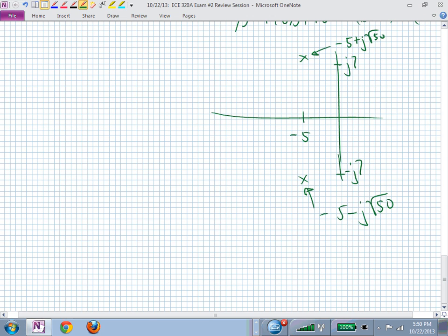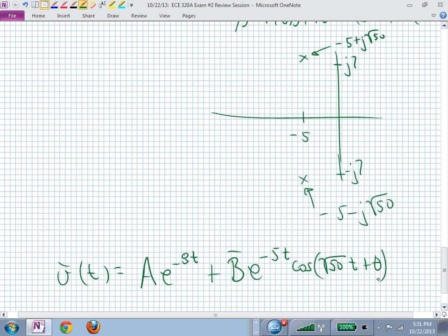And the V bar of s would give rise to some A e to the minus 8t plus, and now I could say B bar e to the minus 5t cosine of square root of 50 t plus some angle theta.